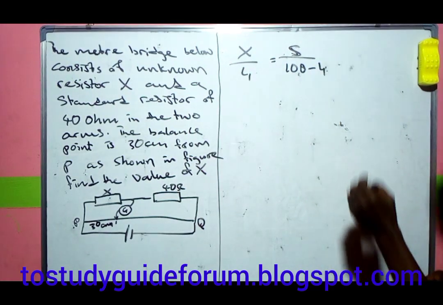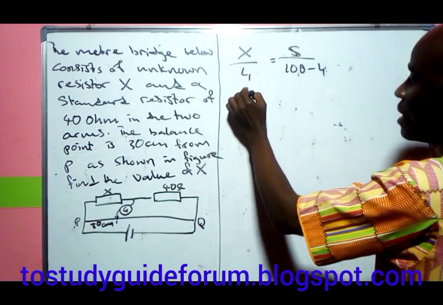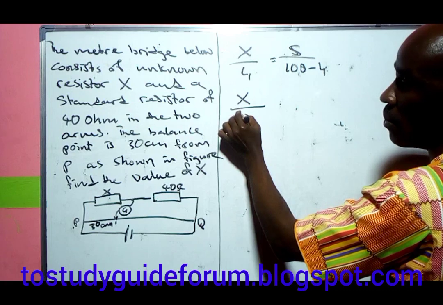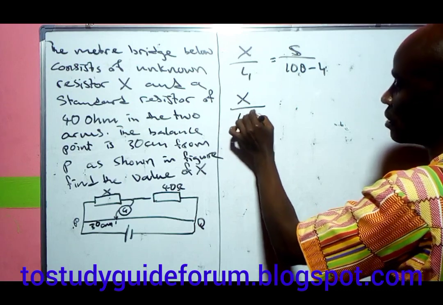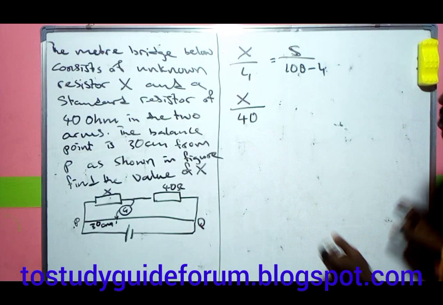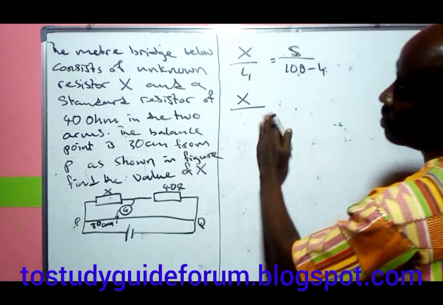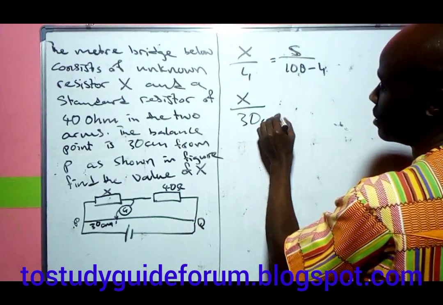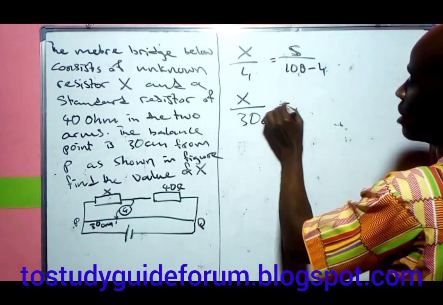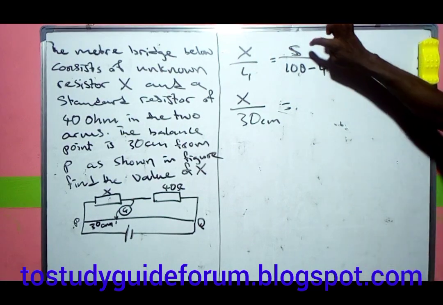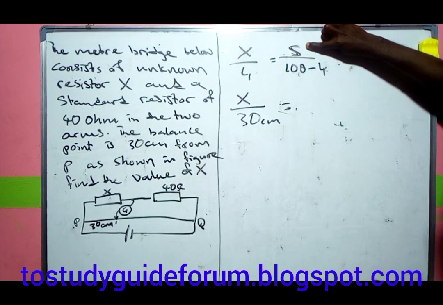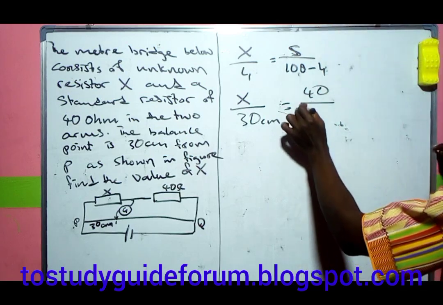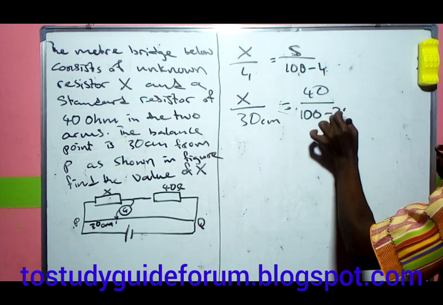Since we know that L1 is 30 cm, it equals the resistance, the standard resistor we have, which is 40, all over 100 minus 30.